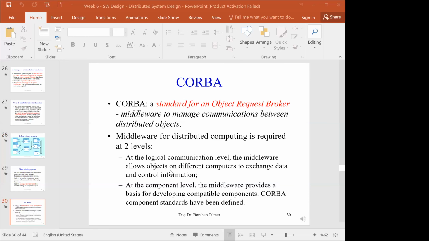Okay, now we're going to talk a little about Corba. Corba is a standard object request broker.